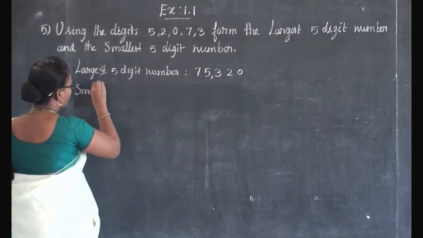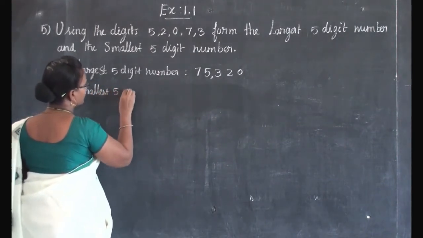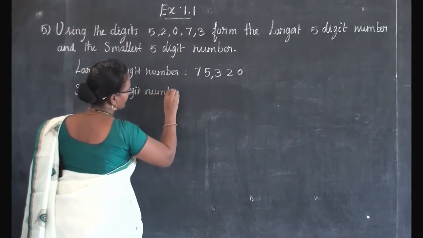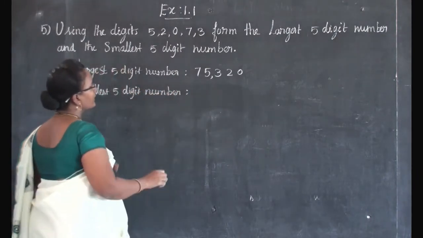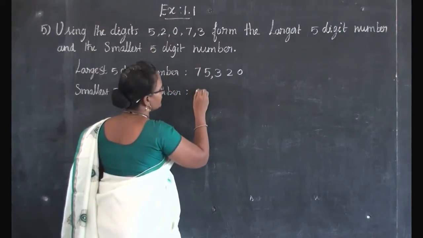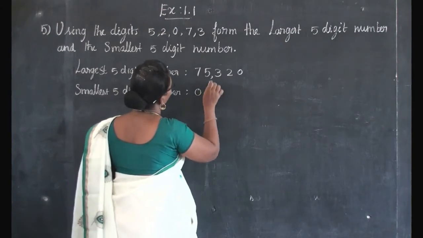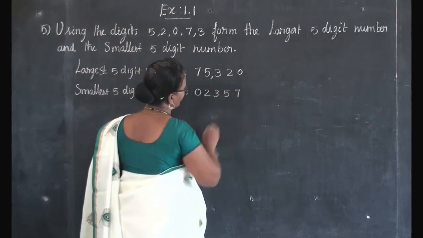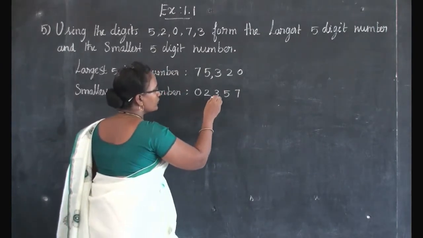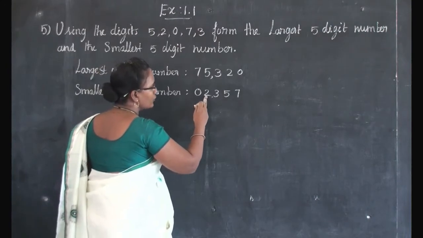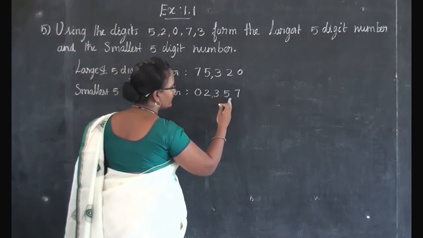Smallest 5-digit number. Now writing in ascending order: 0, 2, 3, 5, 7. In the Indian system, put the commas here. So how will you read 2357?